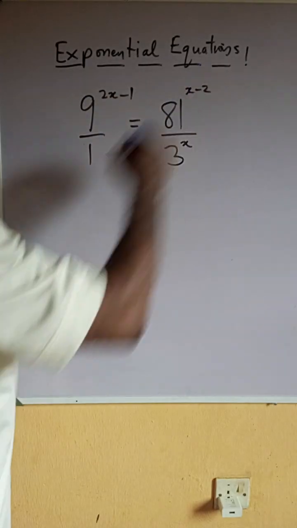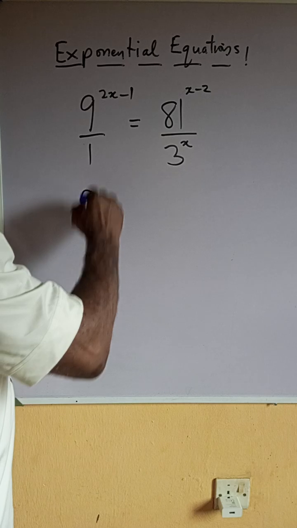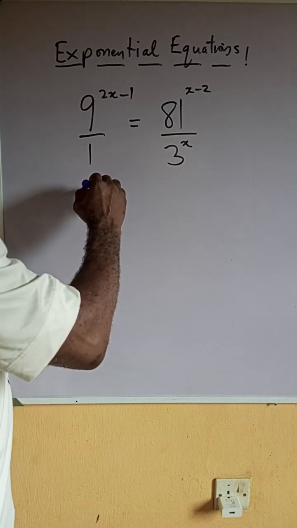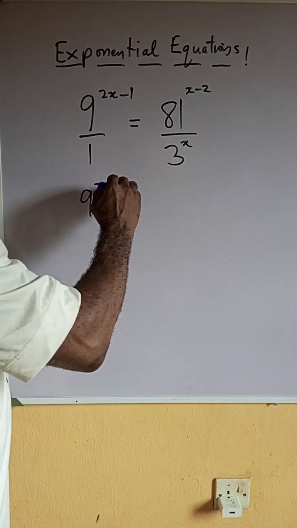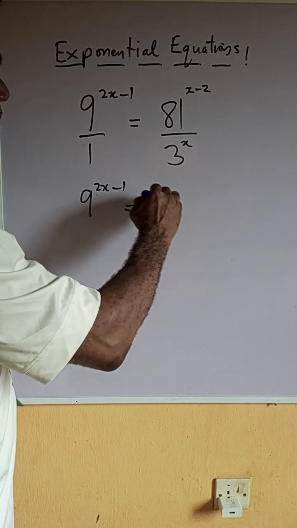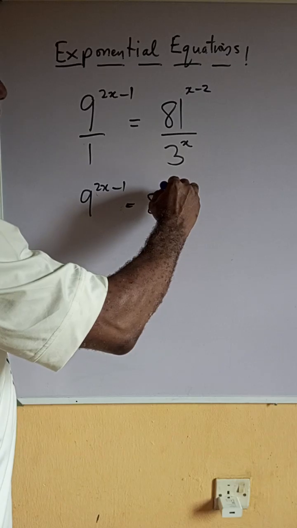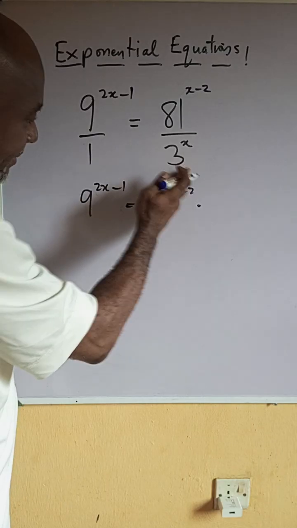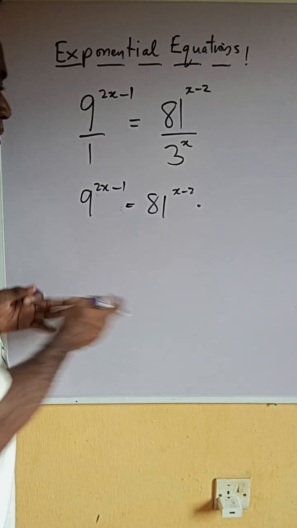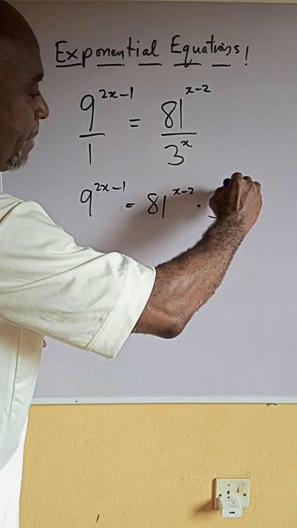Of course, we cross multiply so that 9 raised to the power 2x minus 1 is equal to 81 raised to the power x minus 2, and we multiply this by 3 raised to the power x coming up to become 3 raised to the power minus x.